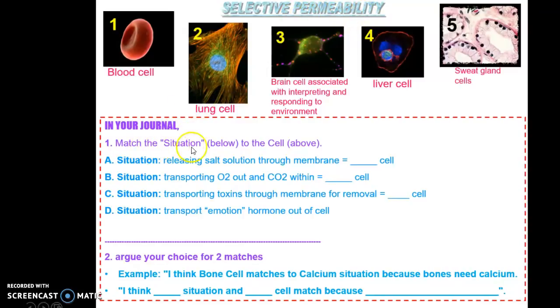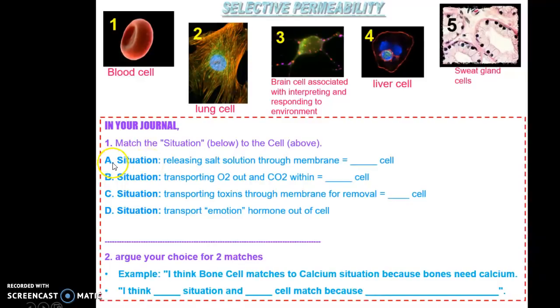So it says match the situation below. So you have 4 situations, situation A, B, C, and D. And you have cells above. It says match the situation to the cell above. So in your notebook for slide 30, please write number 1, A, B, C, and D, and write these situations down. And then we're going to fill in the blank with what cell you think. I'm going to help you do number 1.